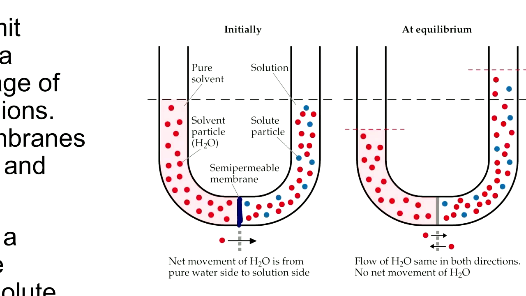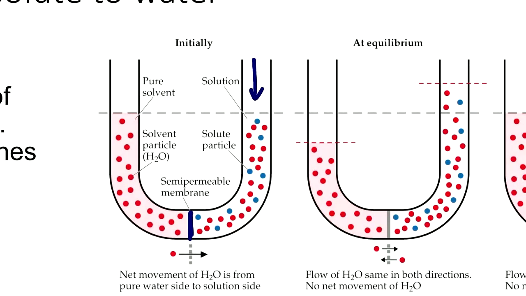So just based upon the trends, which side has the higher osmotic pressure? The pure water or the salty side? Salty side, okay. So what does osmotic pressure mean? Osmotic pressure is the pressure required to push down on this arm, on this liquid, to keep water from traveling to dilute the other side.